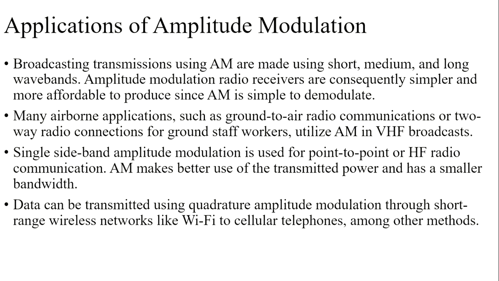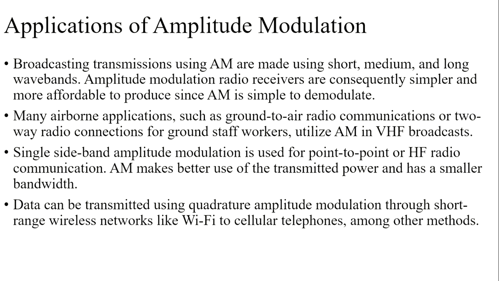The applications of amplitude modulation are broadcasting in long, medium and short wave bands. It is used for TV, that is long range, and also for local radio, for example. Many aircraft communications use amplitude modulation in the VHF band.